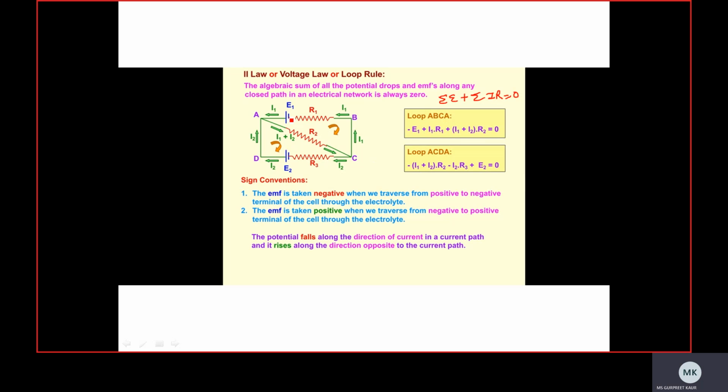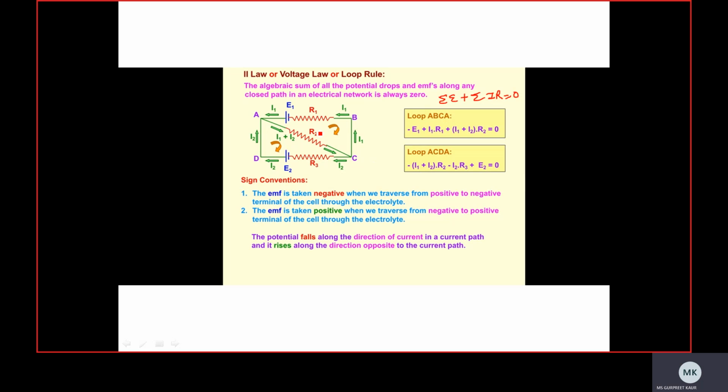Now, you are moving clockwise, but the direction of current I1 through this resistance R1 is opposite to the direction in which you are traversing the loop. Okay, you are traversing the loop clockwise, and the current is opposite to the direction in which you traverse the loop.